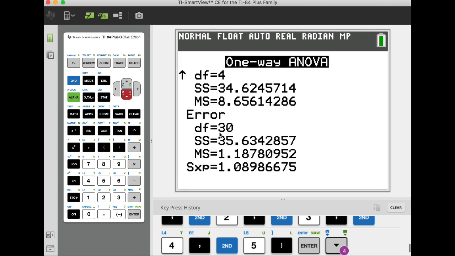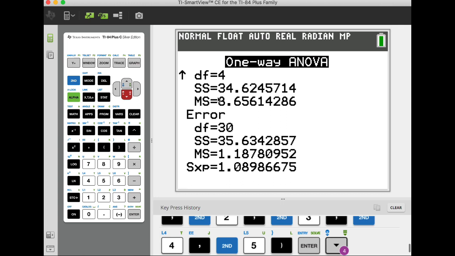DF2 is what we wrote for number 11, and that was 30. There's some other numbers that are written here, SS and MS, and some of those numbers we can go back and actually see what they dealt with. The first MS, the one that says 8.656, that was the answer to number 5. So I'm just going to make a little note in our workbook.